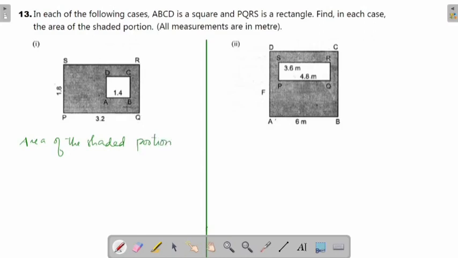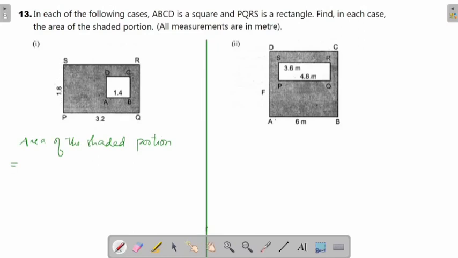Now if you see here, we have to find the difference. Let me tell you how we find the area of the shaded portion. We find the area of the shaded portion by just finding the difference. Now we have to find the difference between the figures.